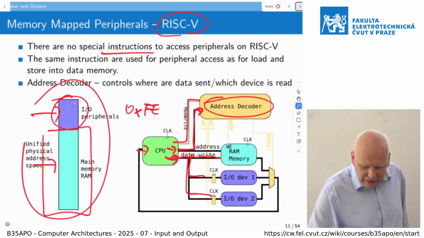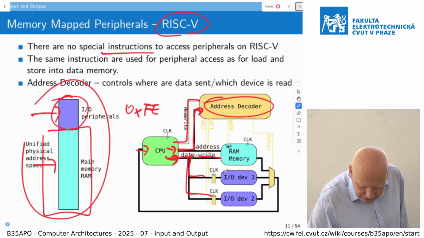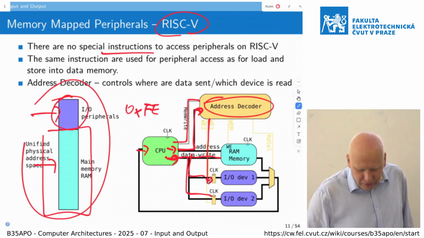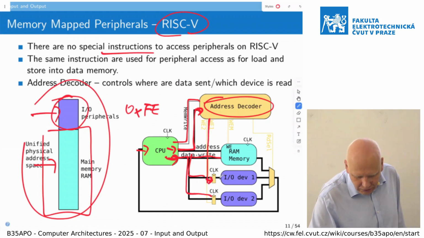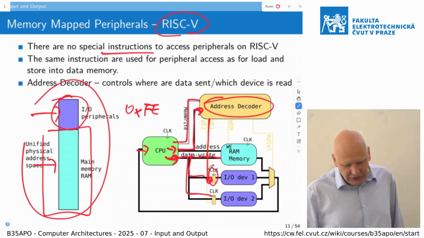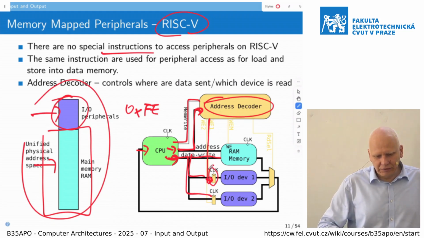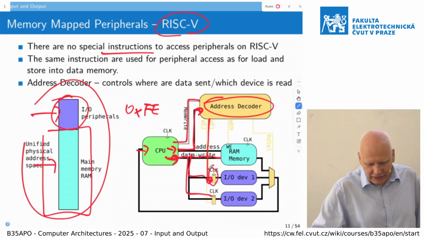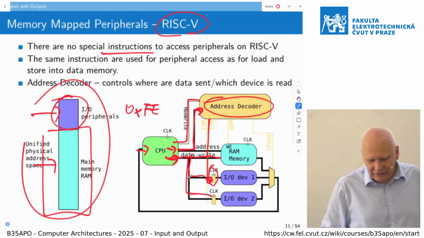If the address falls to, for example, this input-output peripheral or register, then the write is enabled only to this register, which strobes, captures data from the data signals.